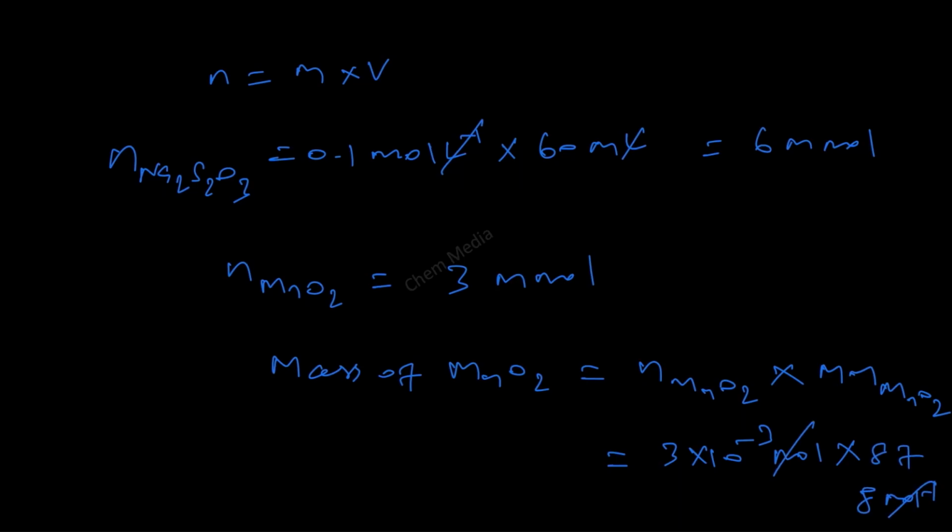So 3 times 87, that is 261. So 261 times 10 to the power minus 3 gram. Therefore percentage of MnO2 is equal to 261 times 10 to the power minus 3 gram divided by weight given, that is 2 gram, times 100.